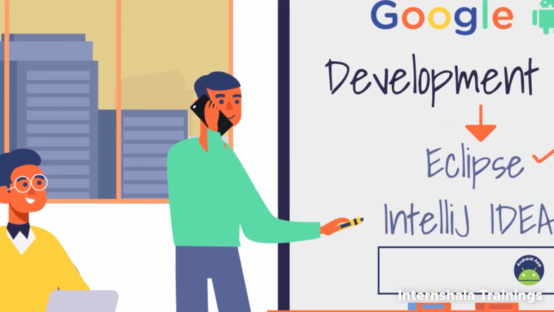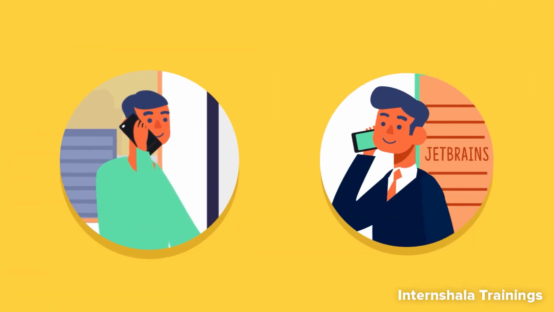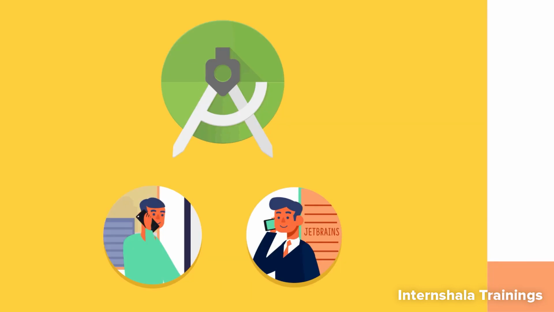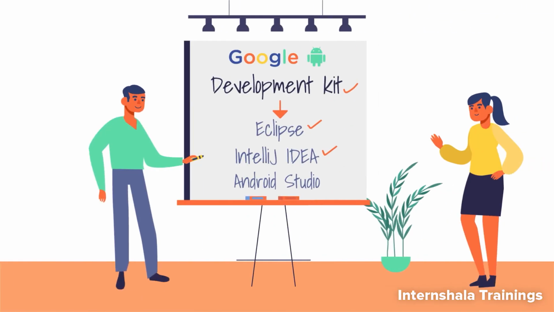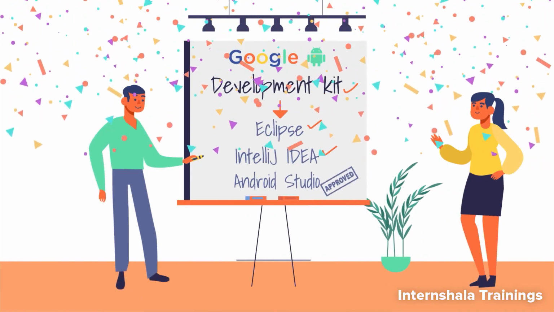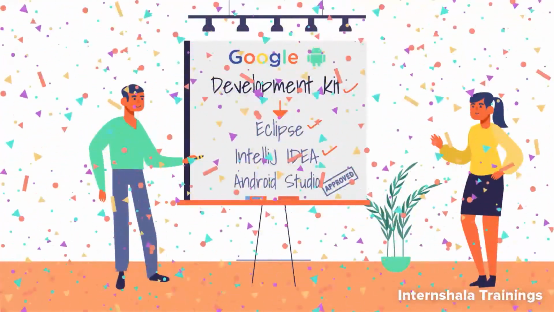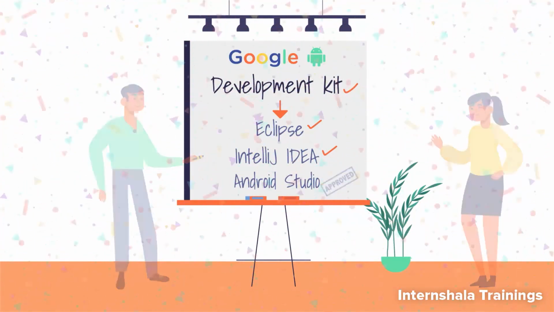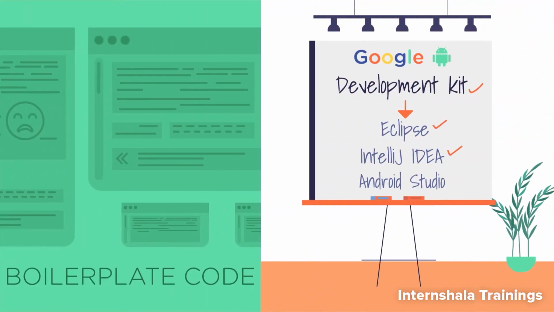For this, Google contacted JetBrains, the company which had created IntelliJ IDEA, and together they built the Android Studio in 2012. In 2013, Google announced Android Studio to be the official and fundamental IDE for creating Android apps using Java. So that resolved the second concern about having an IDE especially designed for developing Android apps.